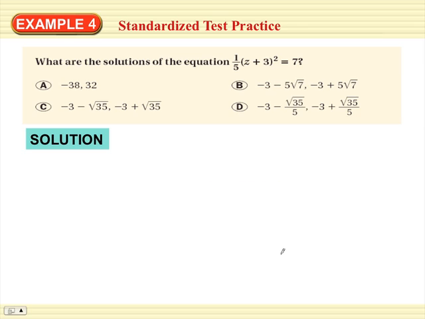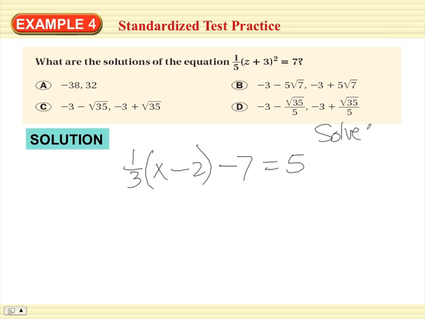So let me give you a problem that I would give on the test here. So here we go. Let's say -1/3 times (x minus 2) squared minus 7 equals 5. I want you to solve this problem. Can't get much more complicated than that unless I threw more decimals or fractions at you. So if you can solve that without a problem, yeah, you should be pretty good.